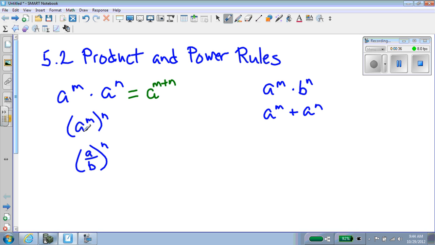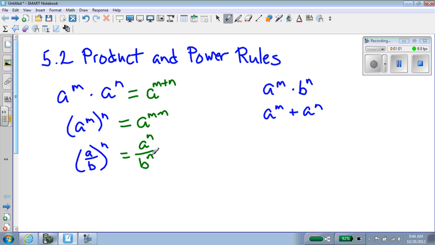Then we have a raised to the m power, and that whole thing raised to the n power. In that case, we multiply our exponents. Then we have a fraction, a over b, raised to the nth power, and that is equivalent to a to the nth power over b to the nth power.